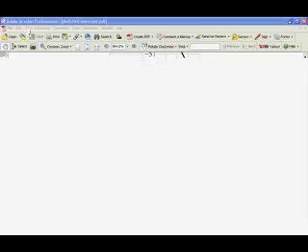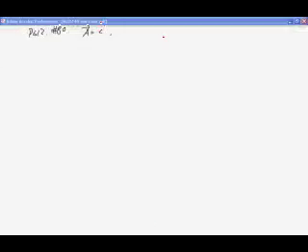So this is page 612, problem 80. And we have vector A equal to negative 5 and negative 4. Then vector B equal to 6 and negative 2.